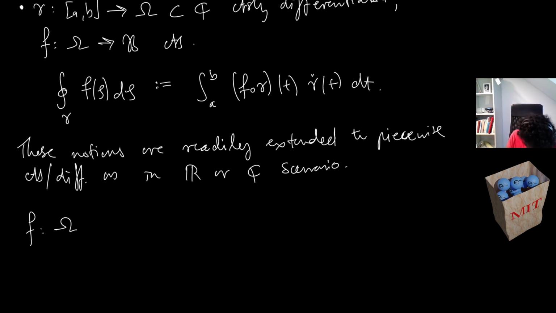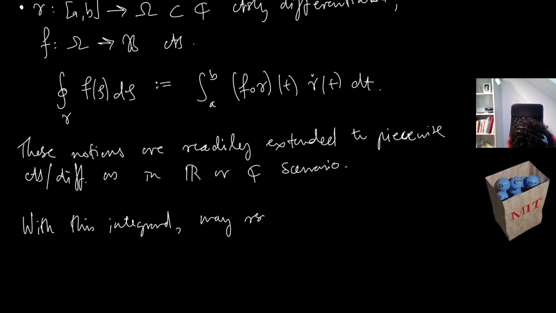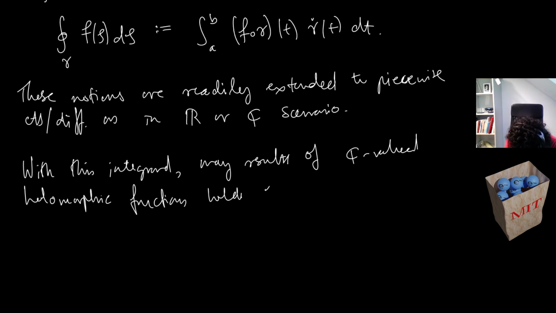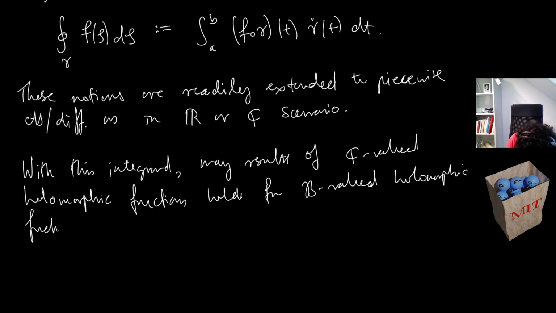Maybe this should even be a lemma, but suppose we have this integrand: many results of C-valued holomorphic functions hold for B-valued holomorphic functions.